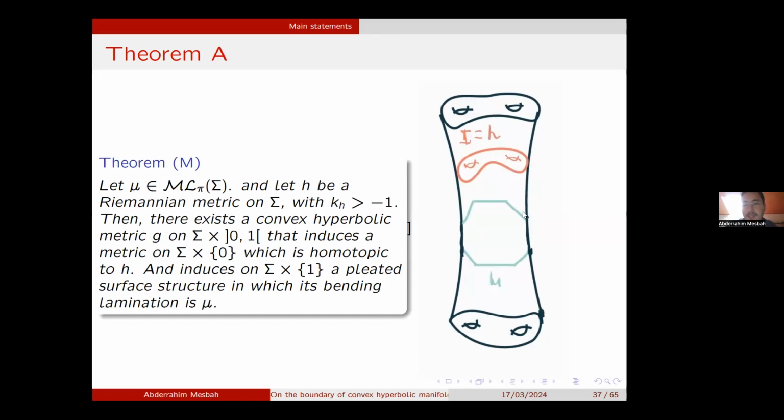Of course, again, everything is inside some quasi-Fuchsian manifold.